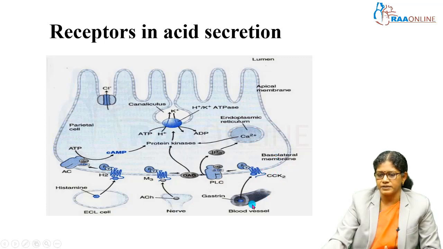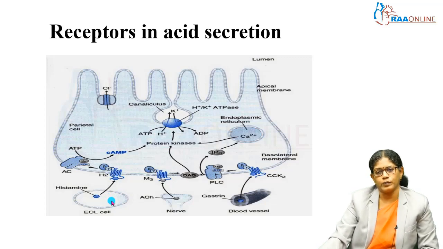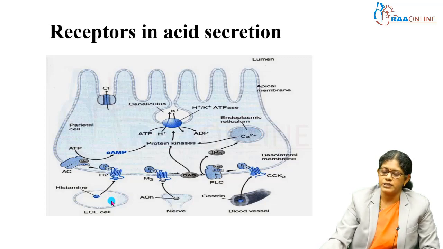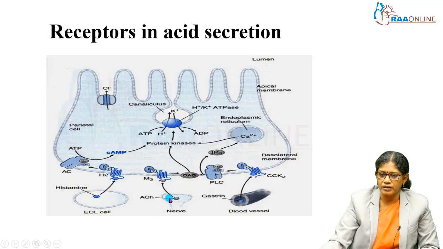These three are the main culprits which secrete H plus ions. First, histamine, especially H2 histamine. H1 histamines are mainly responsible for allergic reactions, while H2 histamines release H plus ions. Then cholinergic innervation through M3 receptors increases H plus ion production.